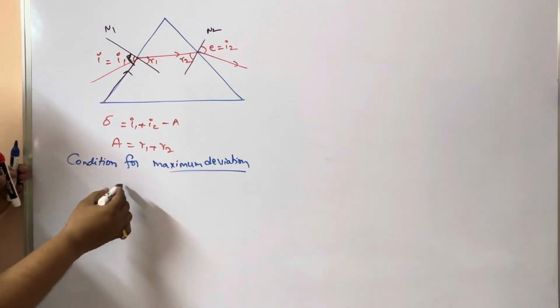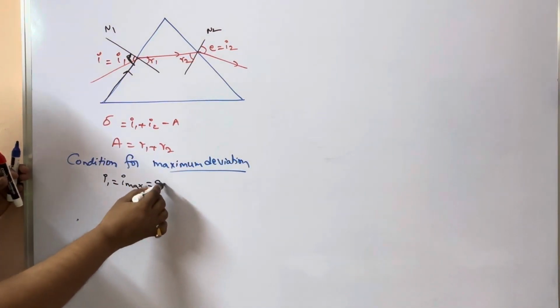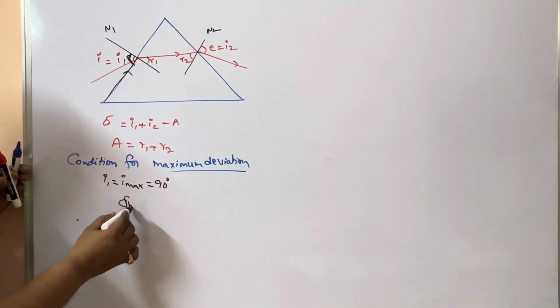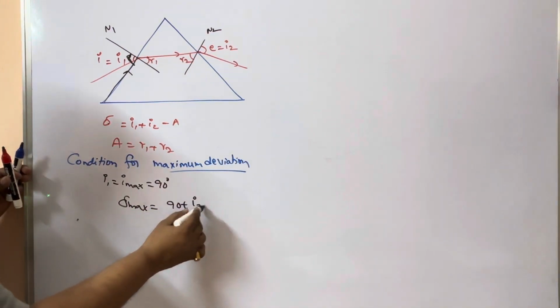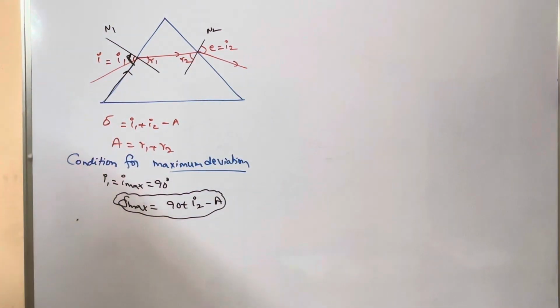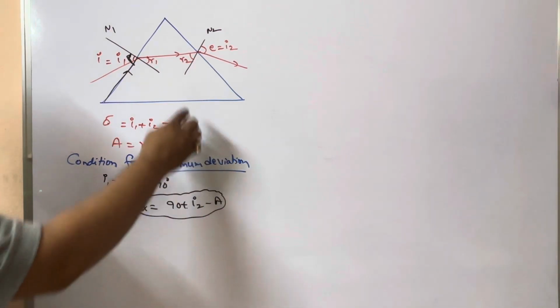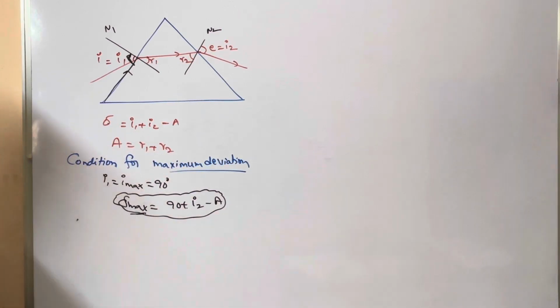So I1 maximum is going to be 90 degrees. Then for this maximum deviation, delta maximum is 90 plus I2 minus A, which you have to follow. Or in place of I2, E also they can write. This is the maximum deviation formula.